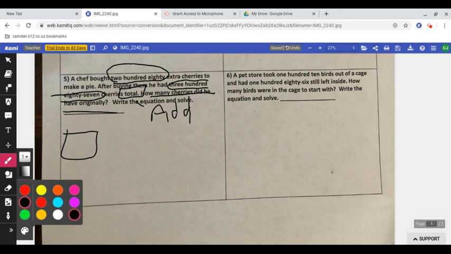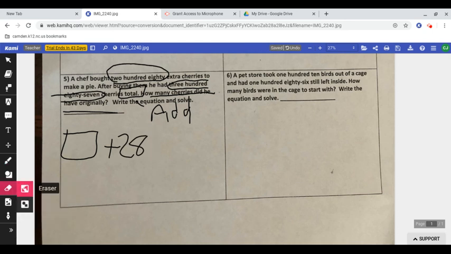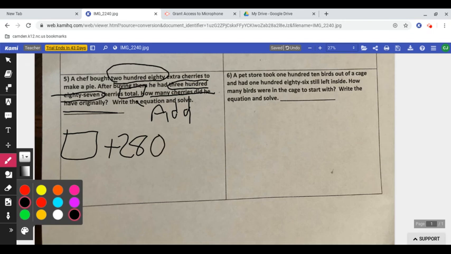I do, however, know that that chef got 280 more cherries. Let me fix that, that kind of looks like a 6. And then when he counted all those cherries up, he had 387. So we need to figure out what number goes into the box.